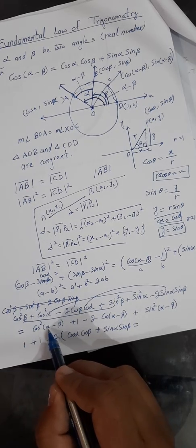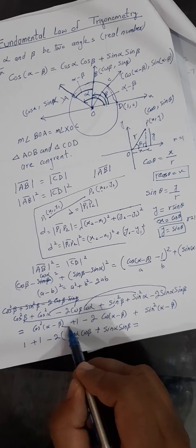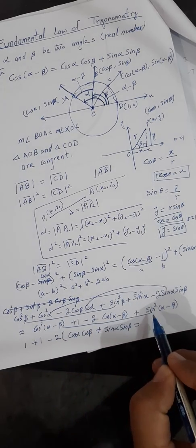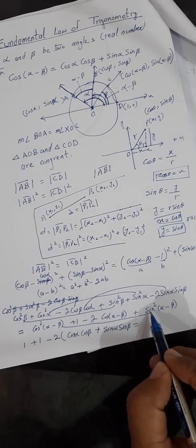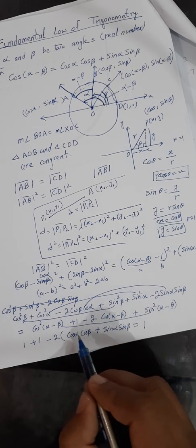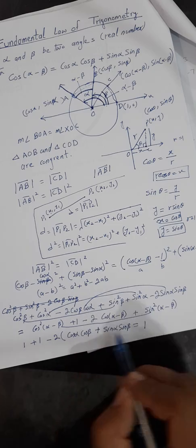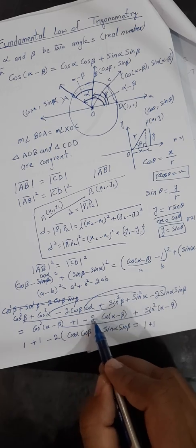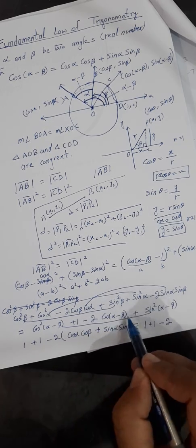If you observe, this is cos square(alpha minus beta) and this is sin square(alpha minus beta). Cos square plus sin square is equal to 1. Therefore, this is 1, and the remaining term is 1 plus 1 minus 2 cos(alpha minus beta).